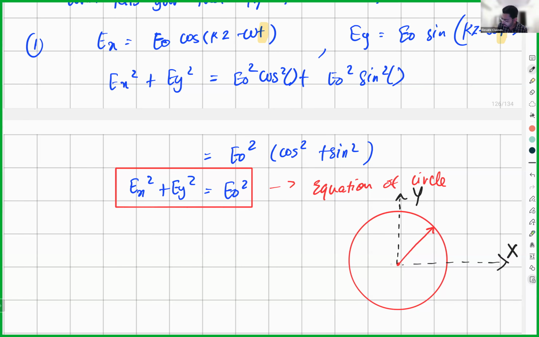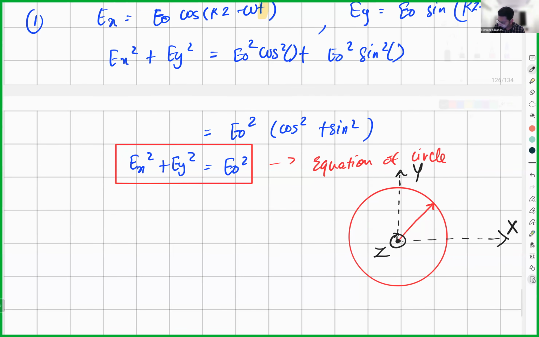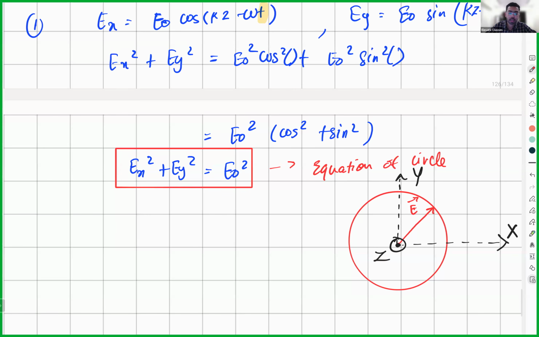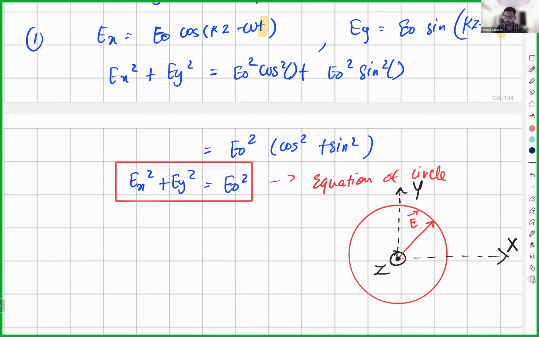So the z direction is outwards from the plane. And you see the radius is E naught, the magnitude of the electric field vector, which will remain constant.